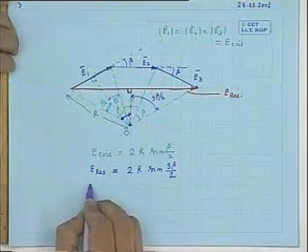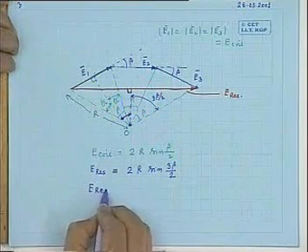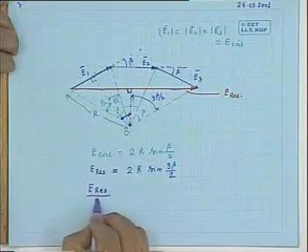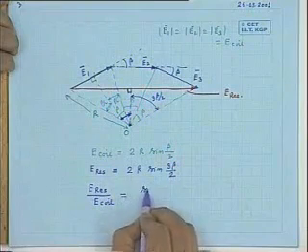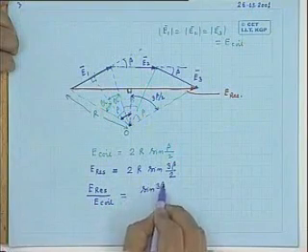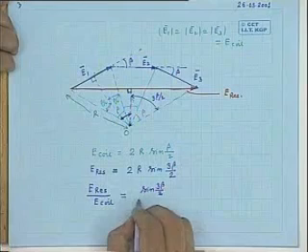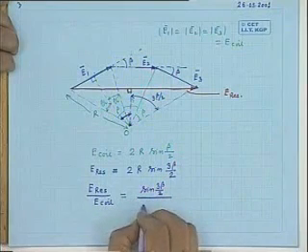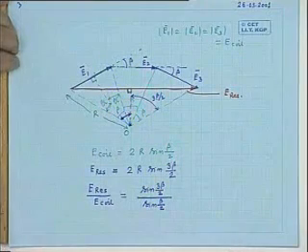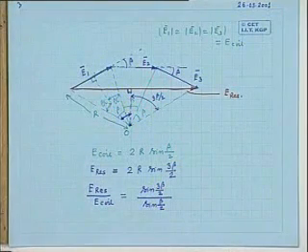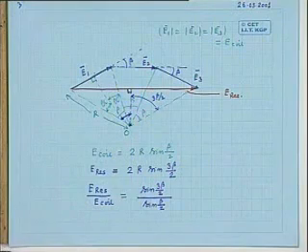Now you take the ratio of these two. E resultant by E coil will be simply sine 3 beta by 2 divided by sine beta by 2. Okay.